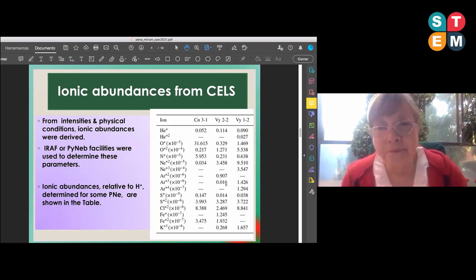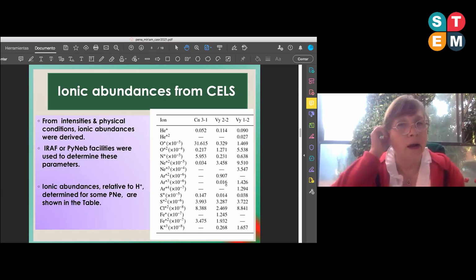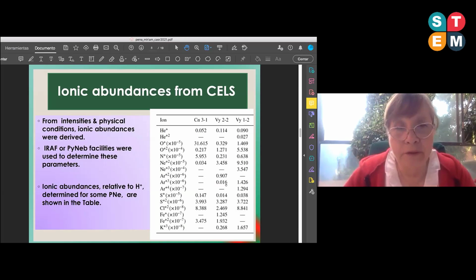Ionic abundances. From these physical conditions and from the intensities of lines, ionic abundances can be derived, where we have used IRAF or PyNeb facilities to determine these parameters.